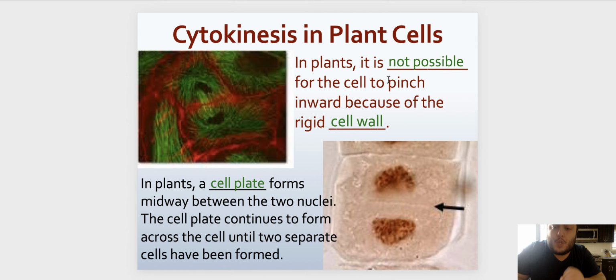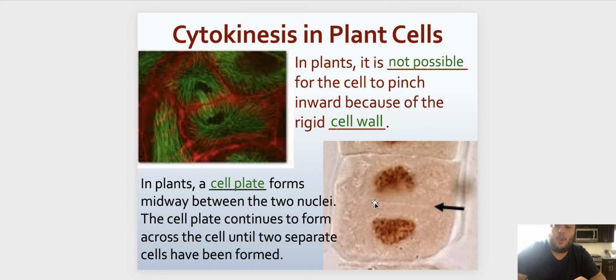So what they need to do is create something called a cell plate, right? And you can see that right here in the middle. It's this line, right? So a cell plate will form between the two nuclei. So one nucleus, two nuclei. A cell plate forms, and basically the cell plate acts just like the cleavage furrow.